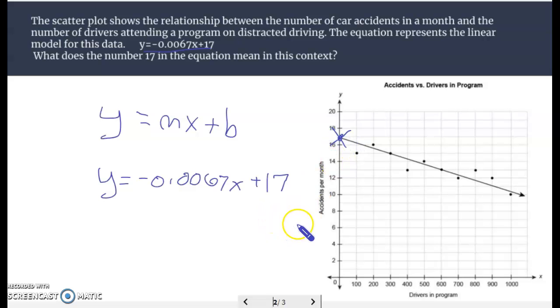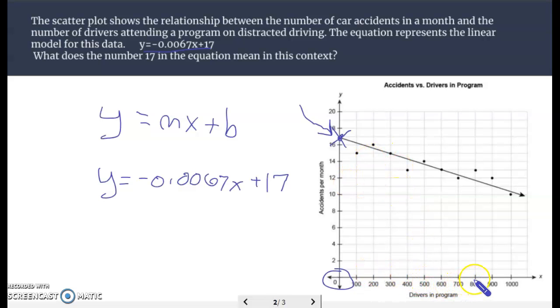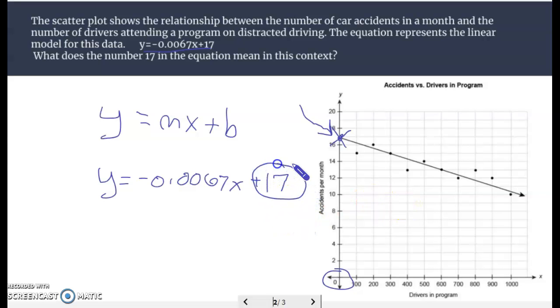But in terms of the context of the problem, the 17 says when 0 students are in the program, the accidents per month were at 17. But as you can see, over time, as more and more drivers got enrolled in the program, the number went down. But starting out, the starting amount, there were 17 accidents per month when 0 drivers were in the program. That is what the number 17 means in this context.